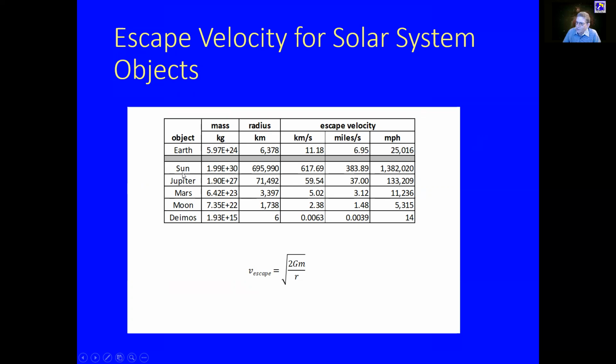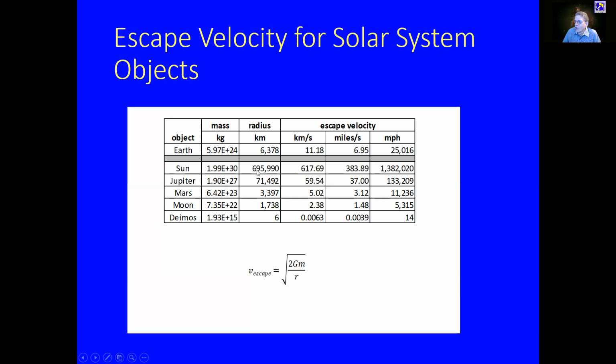Now, if you run these calculations for other objects, like the sun, for example, the sun is considerably more massive than the Earth. As you can see here, it's 1.99 times 10 to the 30th power kilograms. In other words, 2 with 30 zeros behind it almost.